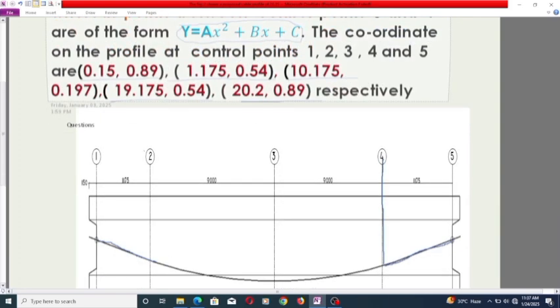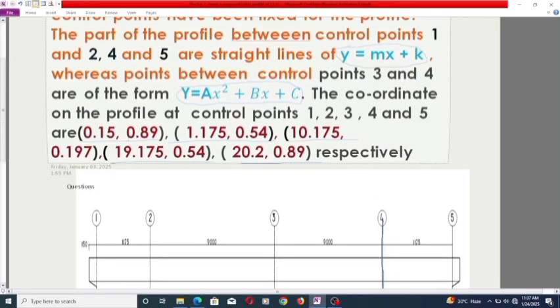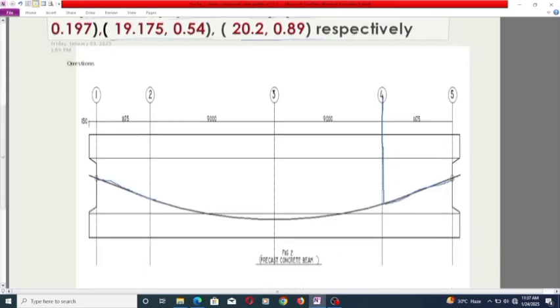Take note, it is very essential you start with the parabola, because we know that for the parabola we have the maximum turning point of the curve at section 3. So we are expecting to have the maximum value at this point.